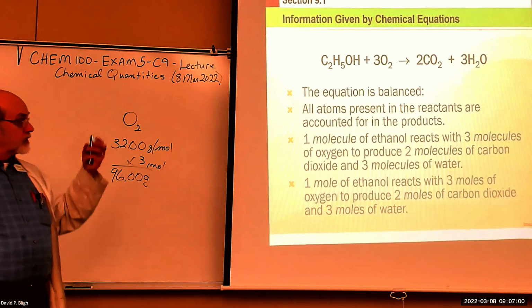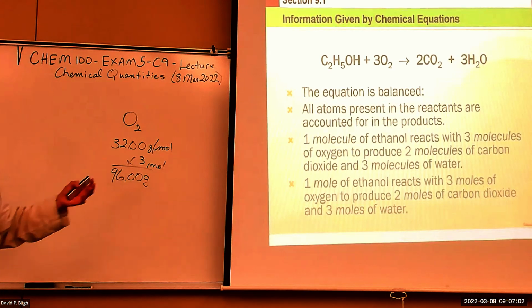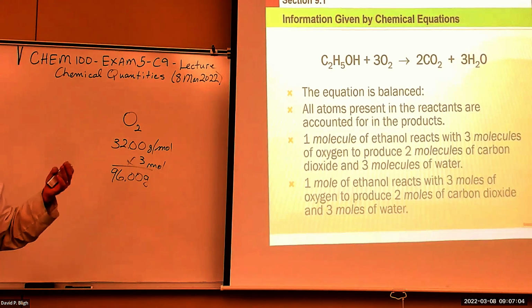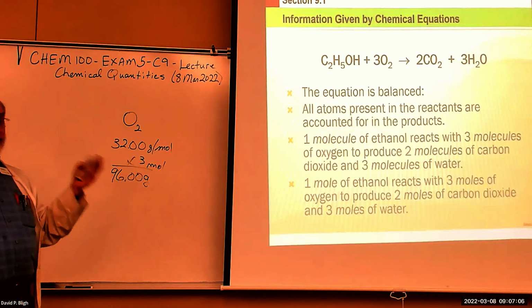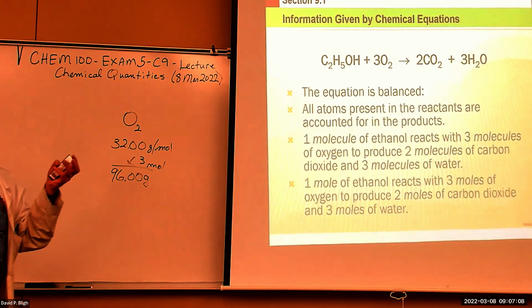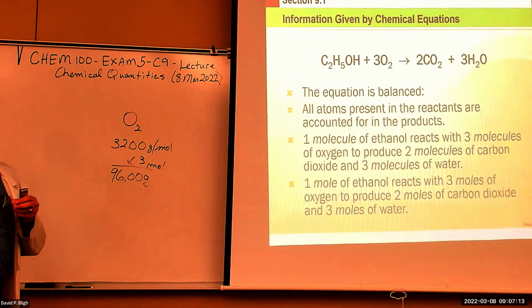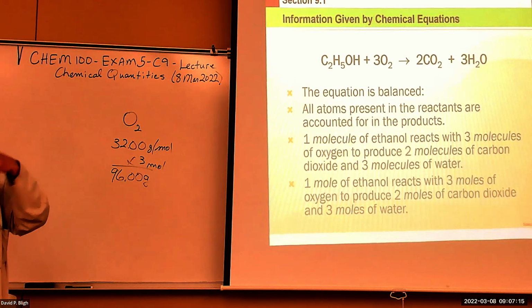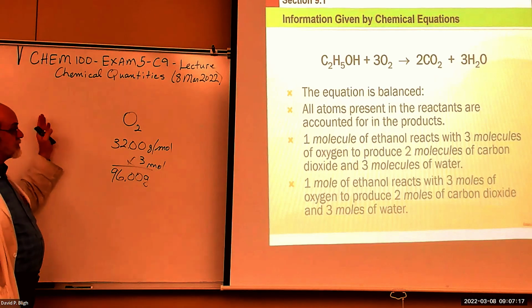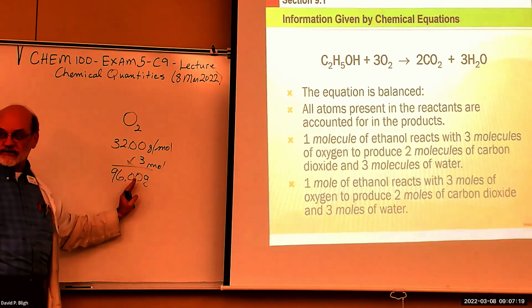Just 2 times 12.01, 6 times 1.01 for the hydrogens, and a 16. Add them all together, and that'll be 1 mole of ethanol. We can assign a mass to that. That mass of ethanol reacts with this mass of oxygen.